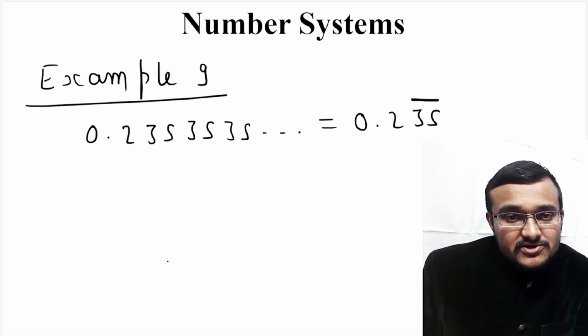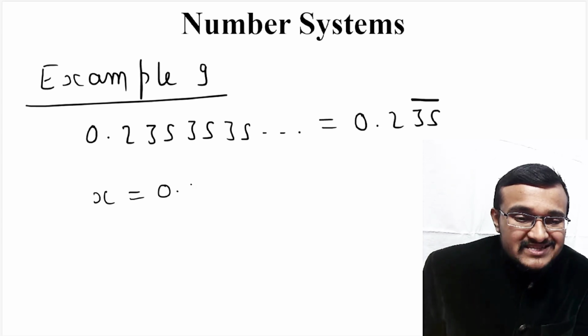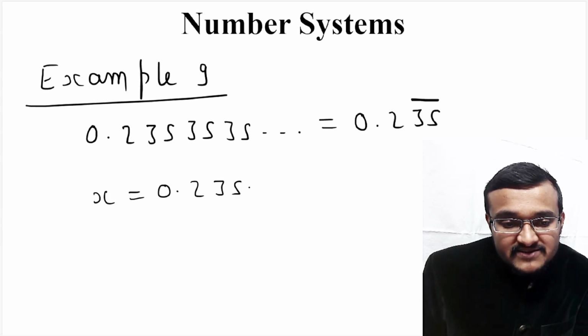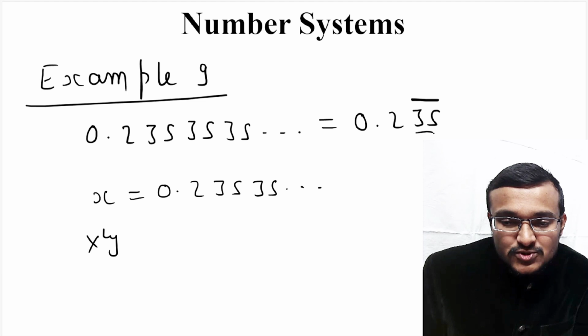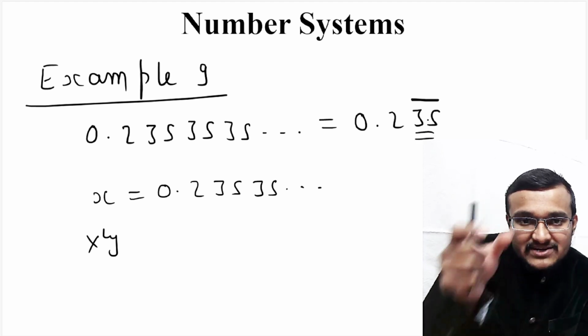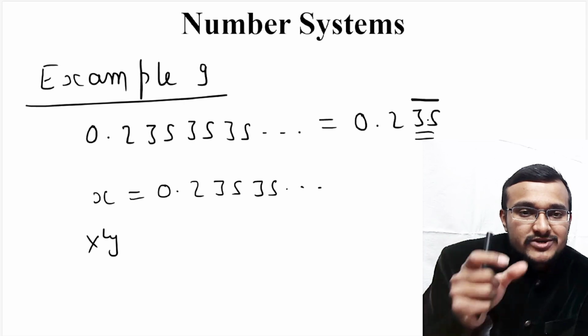In order to convert this to a rational number, you can just take 0.2353535 as x, and you can multiply by 100. Because here also two digits are recurring after the decimal point, that means at the end of the number you have two digits recurring.